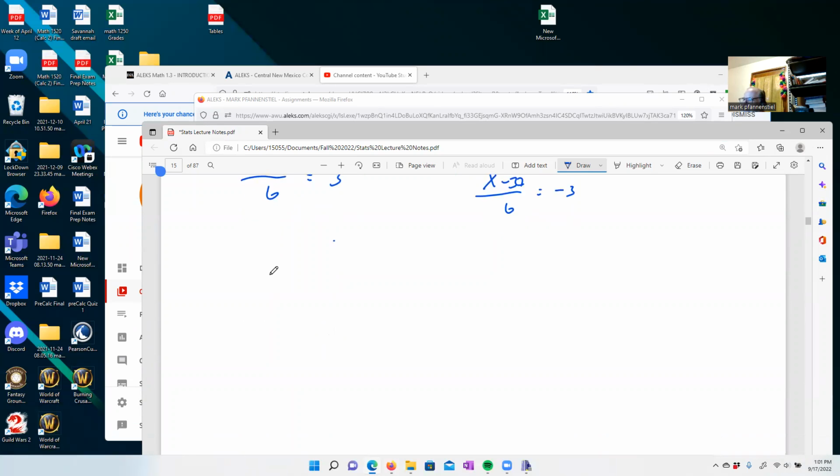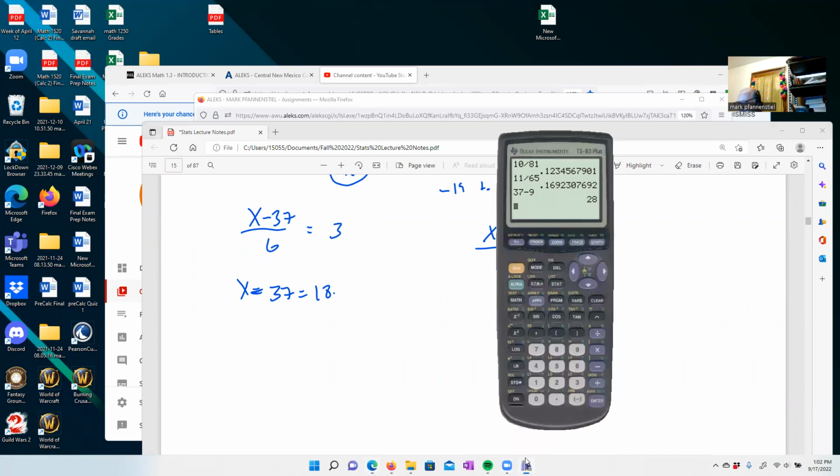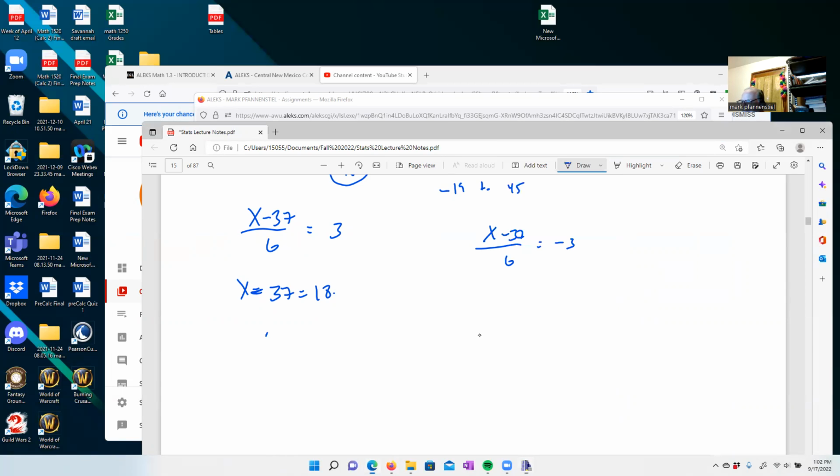So we're just going to be more careful and use the calculator this time. I apologize, I shouldn't have to use a calculator, but x minus 37 equals 18. Okay, so we have 18 and 37. So 18 plus 37 is 55. Carry the 1.